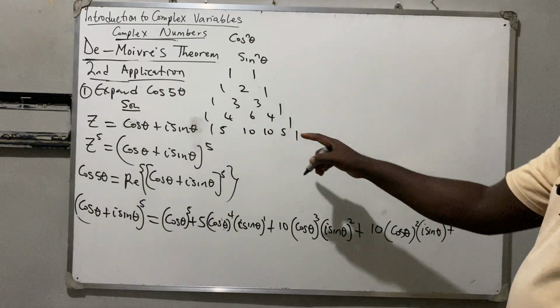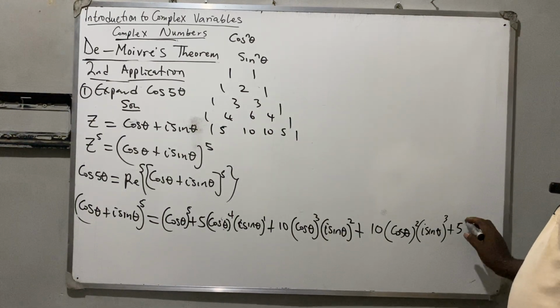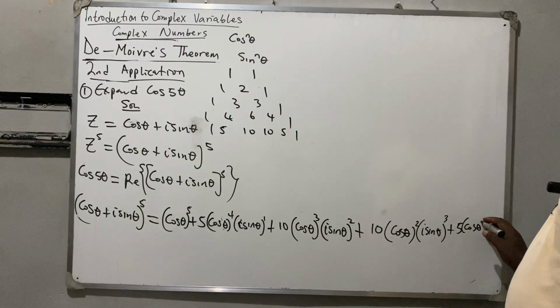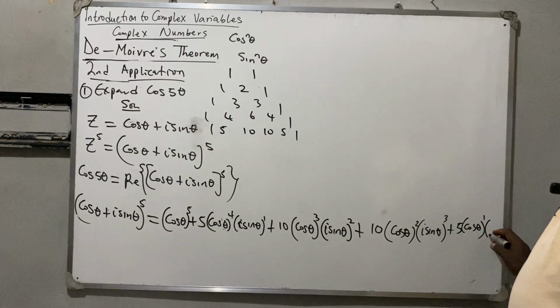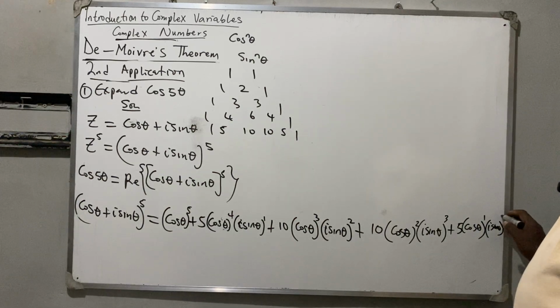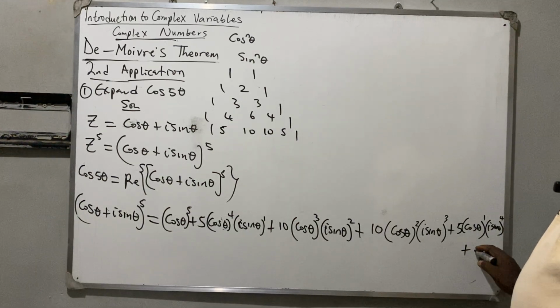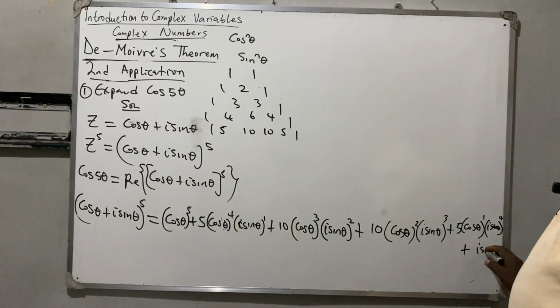Plus the next one is 5, cos theta raised to power 1, while i sine theta is raised to power 4. Then finally, i sine theta raised to power 5.